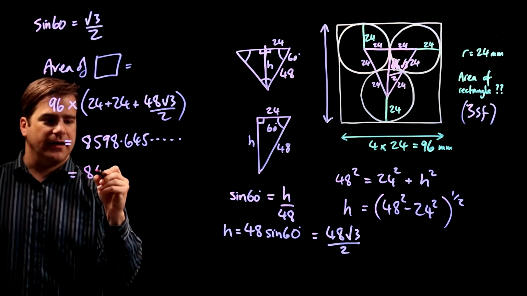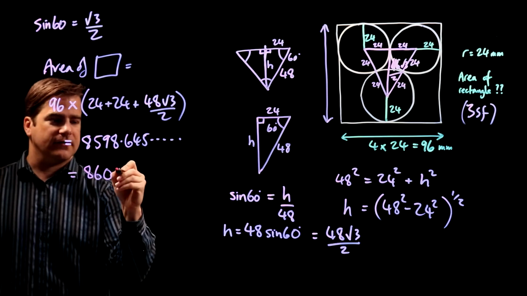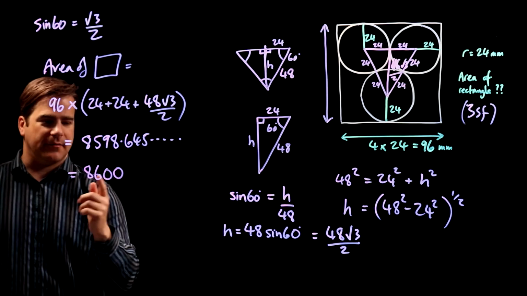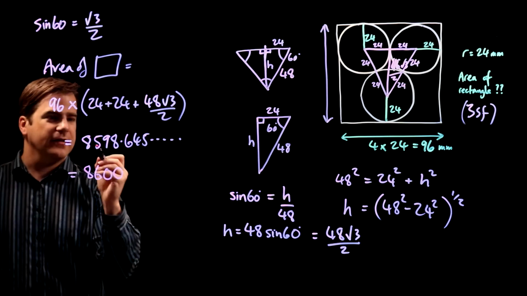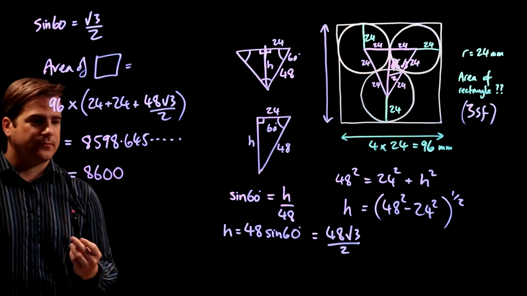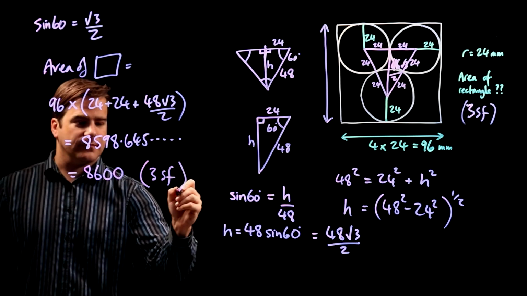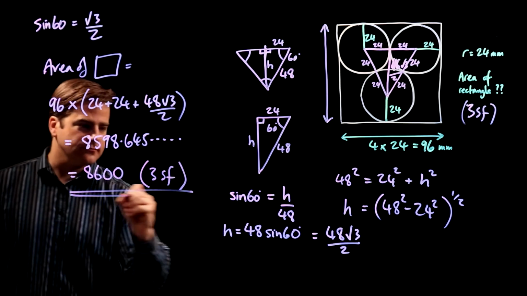So it's going to be 860, and I know it's 3 significant figures, but you can't just leave it like that because it's not going to be 860, is it? It's 8,600. Okay? 3 significant figures. Boom!